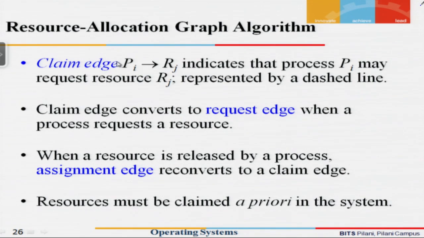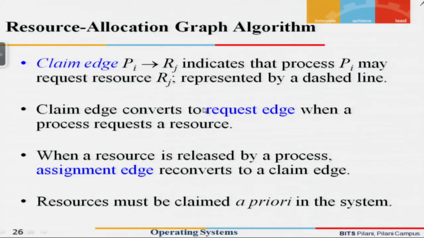A claim is a kind of intent that a process Pi intends to claim a resource, and whenever process Pi tries to get the resource, it is going to make a request. Then the claim edge would get converted to what we call a request edge. So whenever the process makes a formal request, the claim edge gets converted to a request edge.